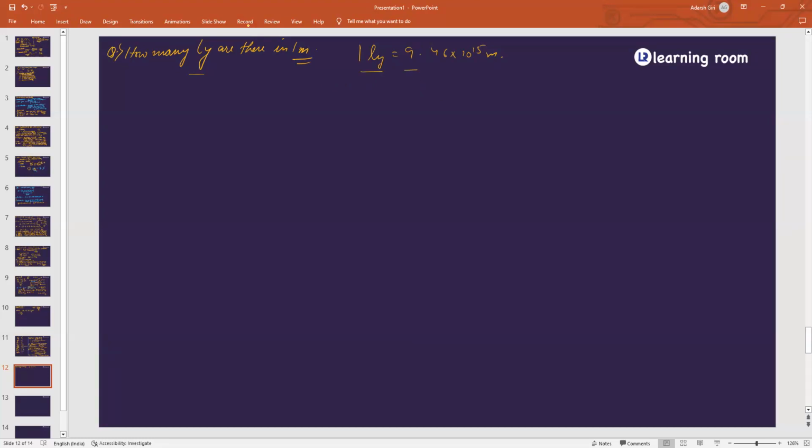If 1 light year is this many meters, I need 1 meter here. So I'll divide, take it to the other side and divide by this. Easy. You'll get 1.057 into 10 raised to the power minus 16 light years. Everyone understood?